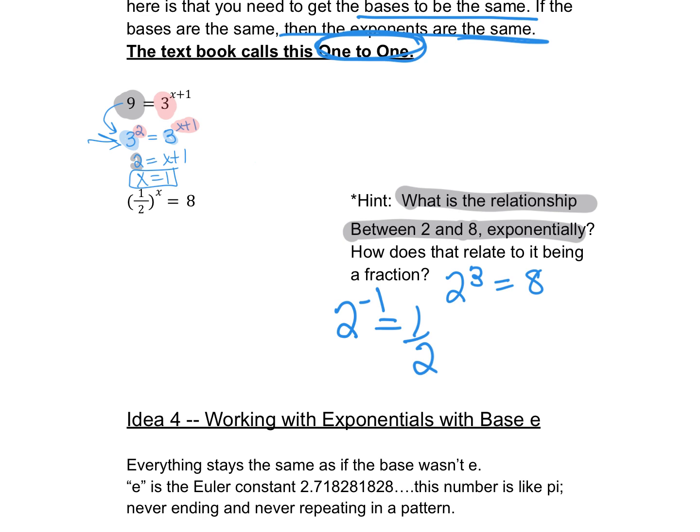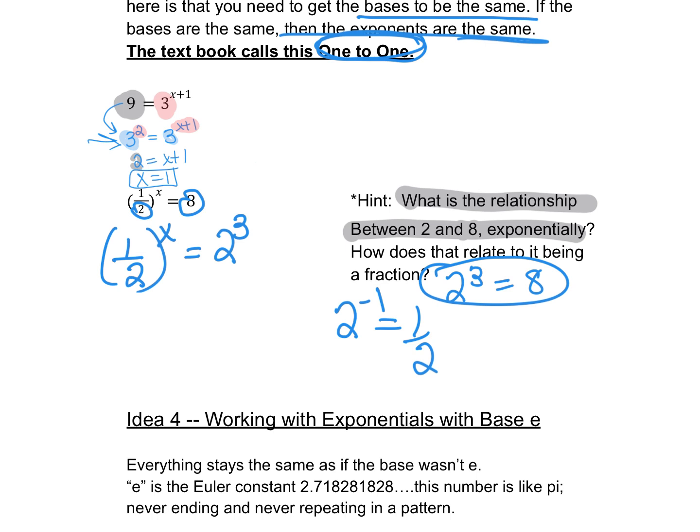Thinking about that a little bit backwards, I know that 2 to the third is 8, and I've got a 2 here and an 8 here. That means I can rewrite it: 1/2 to the x equals 2 to the third.